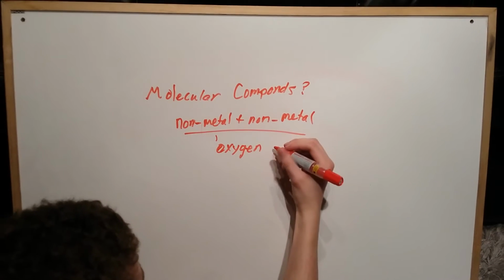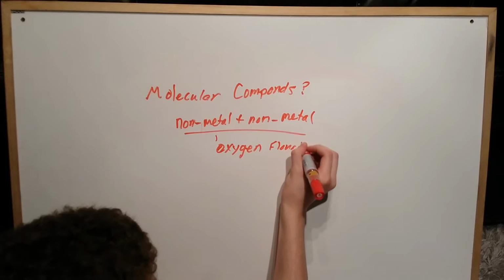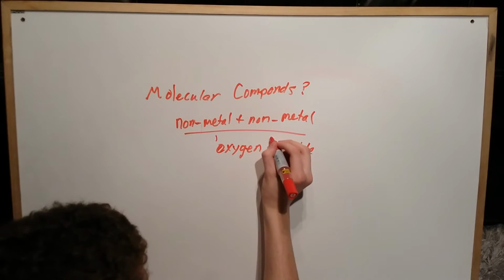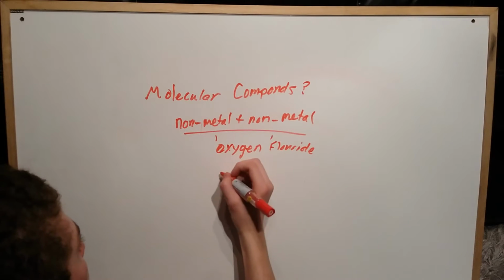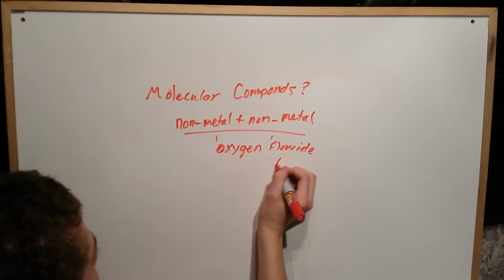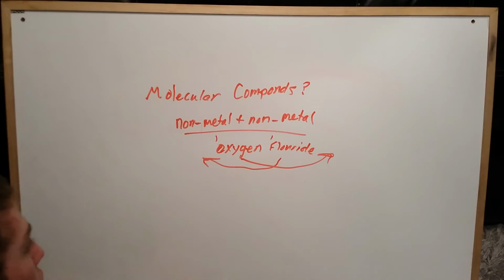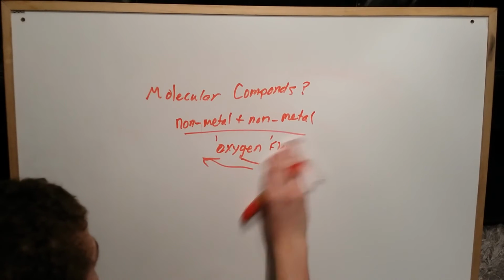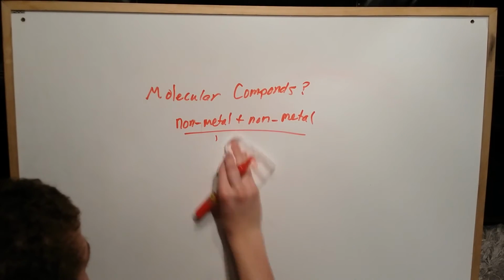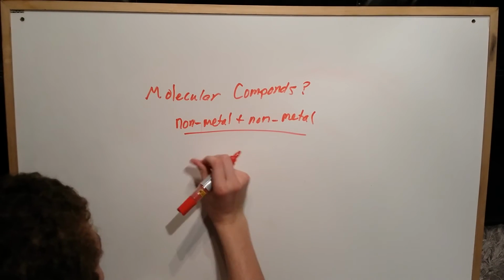Let's do fluoride, and fluoride is a 1. Let's switch these around though. So fluoride will be in the front, oxygen will be in the back. Okay, everyone got that? Hope you're following along. So we're doing fluoride, or fluorine, and oxygen.